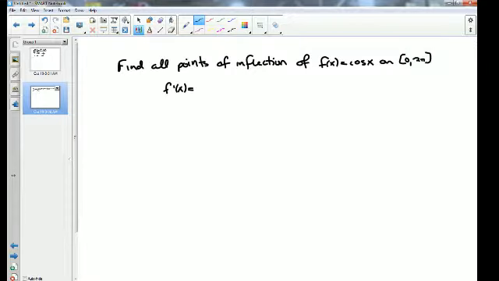Or cosine? Yeah, you're right. And the second? Is that 0? Same where cosine x is 0, right? Which is at? Good circle.